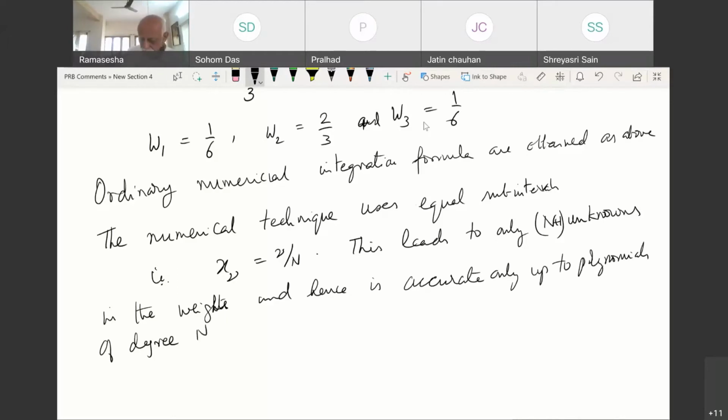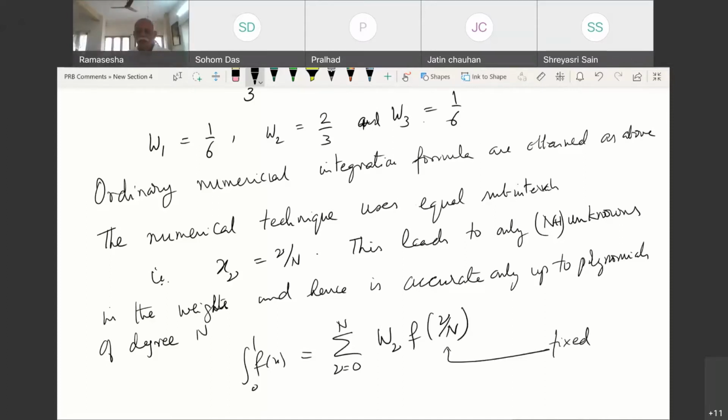That is, I have said that integral 0 to 1 f(x) dx is equal to sigma over nu equal to 0 to n of w nu f at nu by n. Okay, so this is fixed. Now because that is fixed, you only have an n point formula.